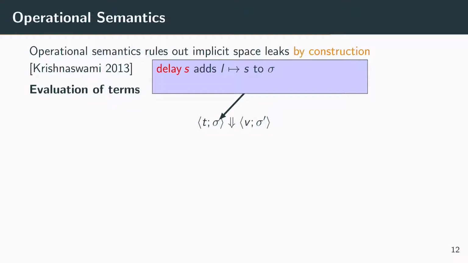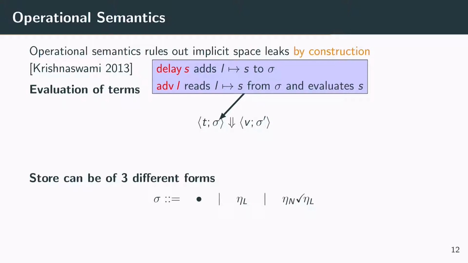So delay, if we have a term delay S, this will add a new value to the store at some location L, and it will store the term S. So it creates a thunk in that store, and advance will read that thunk from the store. So it will find the mapping from location L to the term S, and will read that and then evaluate that S.